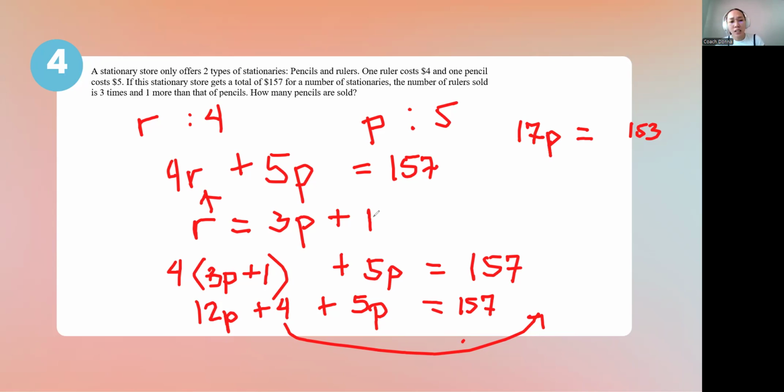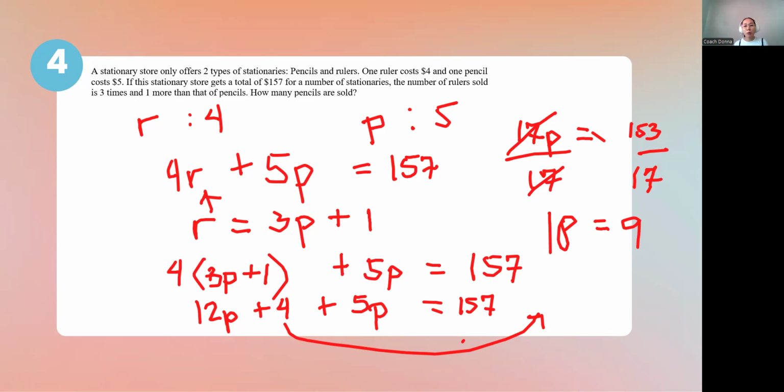So that's 12 plus 5, 17. 153 divided by 17. Okay, we'll give you an answer of 9. I wasn't careful. P is equal to 9.